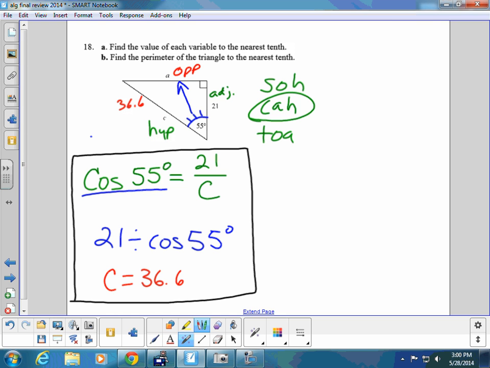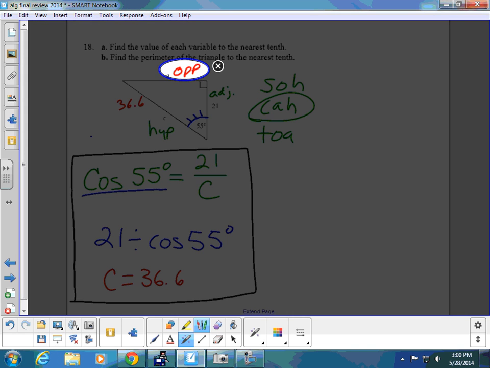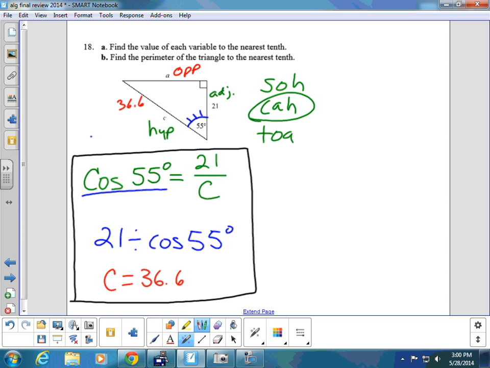So we need something with an O in it, and something either with an A or an H in it. Now, since they gave us the 21, let's use that, because I don't want to rely on the fact that I might have made a mistake here.